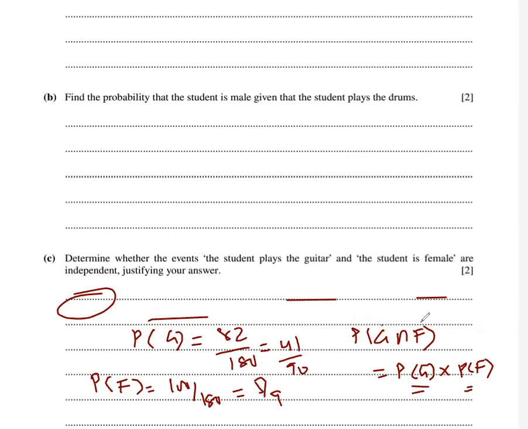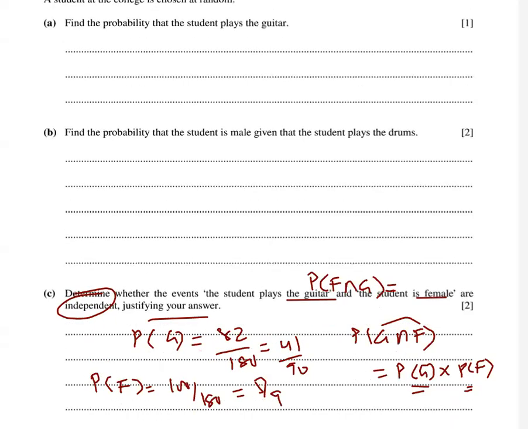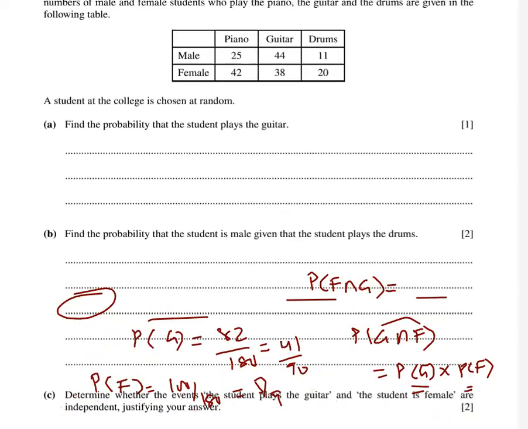So P of G and F, if I calculate this, the intersection of these two means that it's a female and she plays guitar.